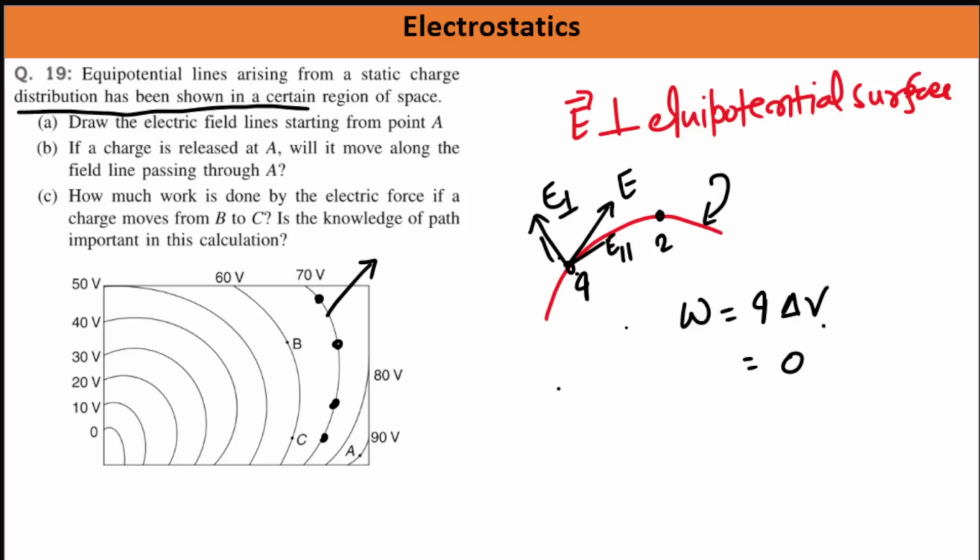Because there is a force acting. So work done cannot be 0. But according to the definition of an equipotential surface, work done has to be 0. It means E parallel has to be 0. It means the electric field has to be perpendicular to the equipotential surface. So if you are given an equipotential surface, then at each point the electric field is perpendicular. This is the first information.